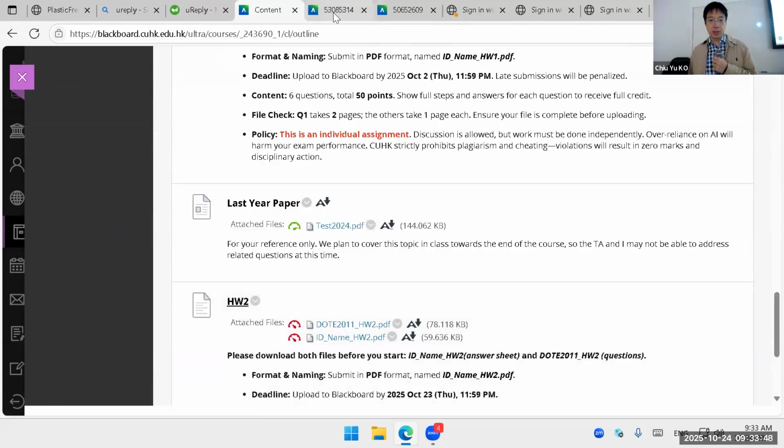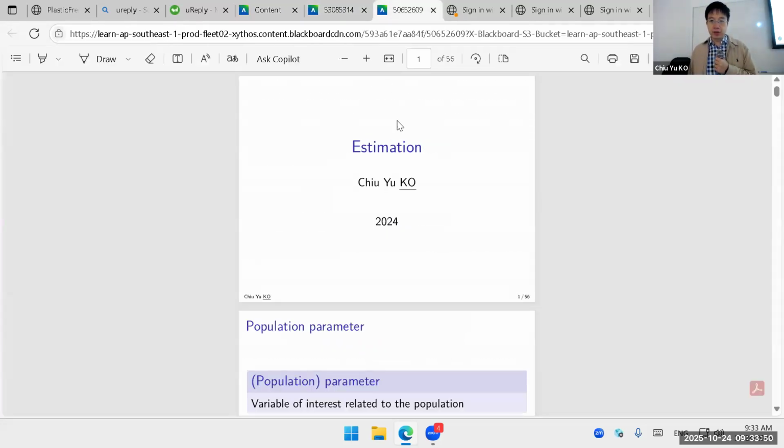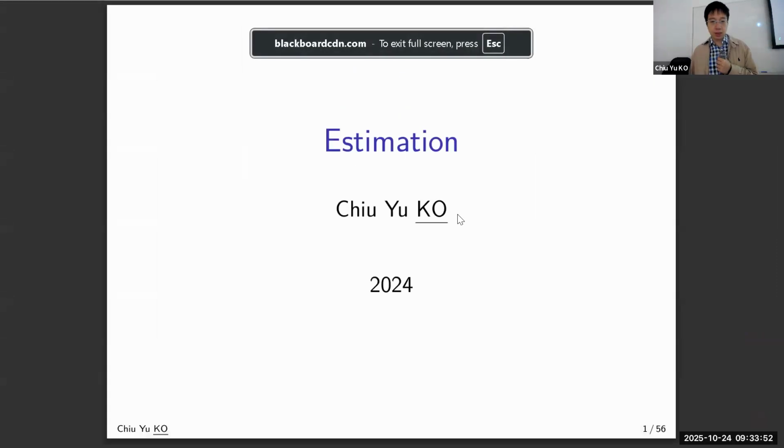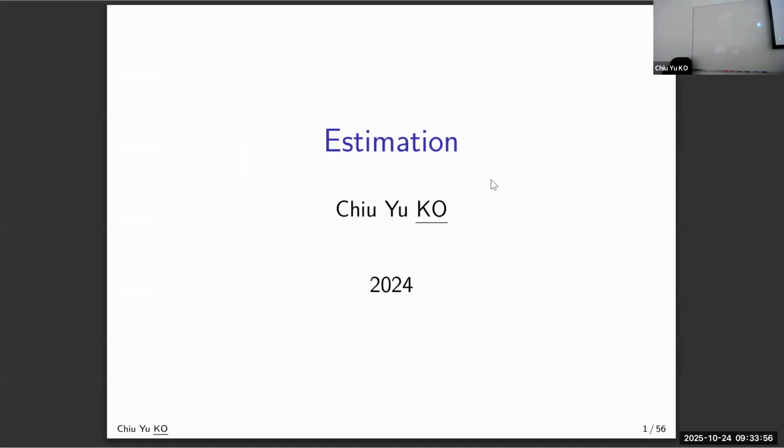What we're doing is we will finish these slides on estimation and start on some introduction to a long chapter, hypothesis testing.